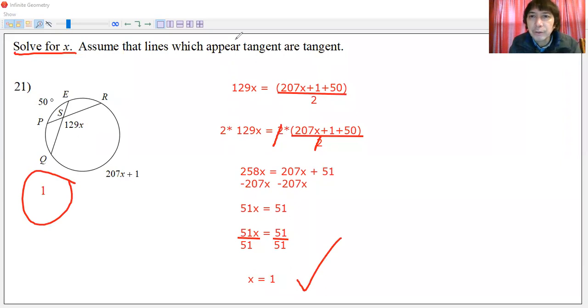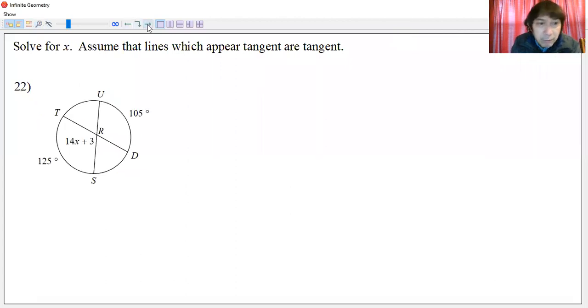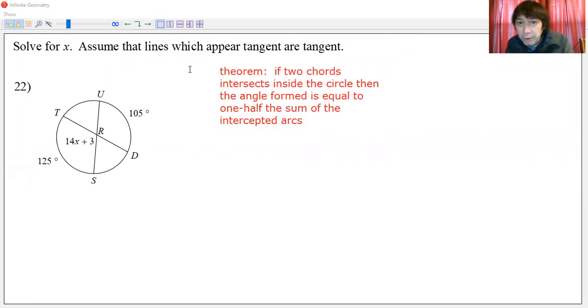Let's continue with 22. Proceed to number 22, the 22nd question. The same configuration, we can still apply this theorem. If two chords intersect inside the circle, then the angle formed is equal to 1/2 the sum of the intercepted arcs. Observe the angle.